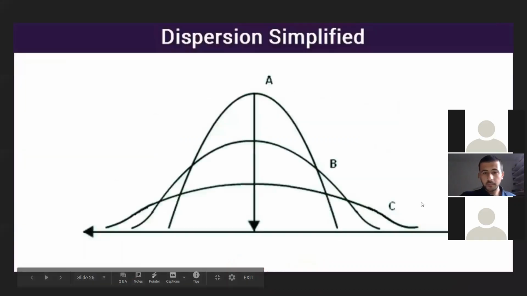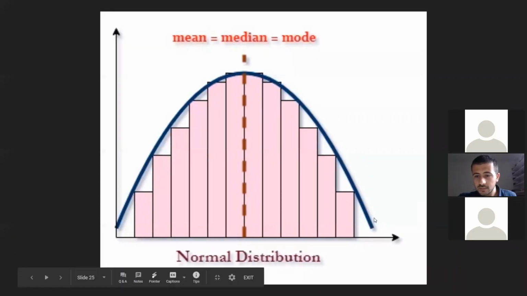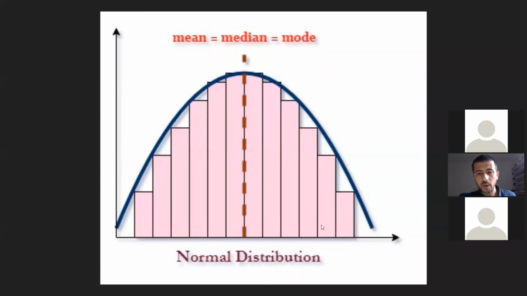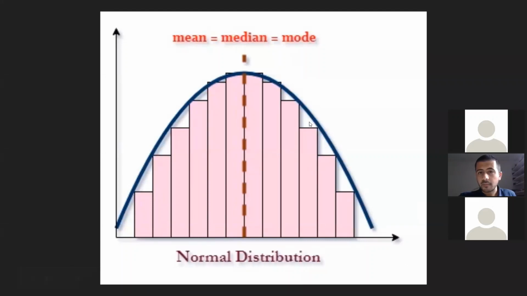Okay, if you remember those distributions, the range starts from here and ends here. But this is quite wide. I just need the most important half of this distribution. How is it distributed?